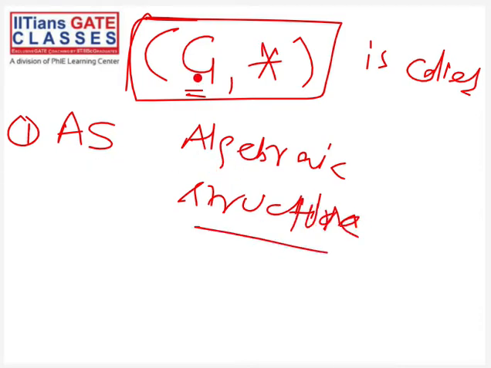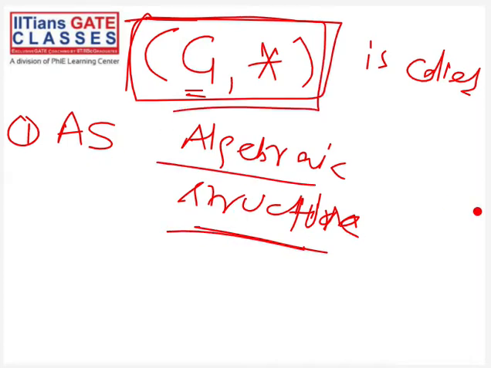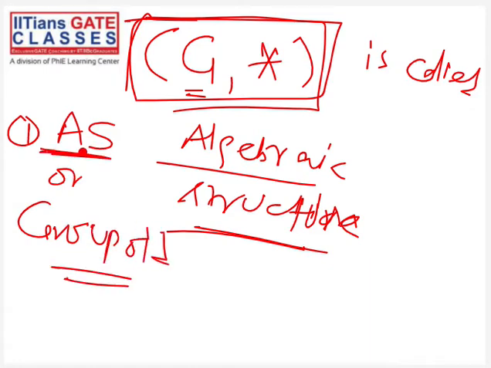So this pair G comma star, this pair is called algebraic structure or groupoid. Either algebraic structure or groupoid. These are just names, of course, these are names given to them. So this pair will be called algebraic structure or groupoid.